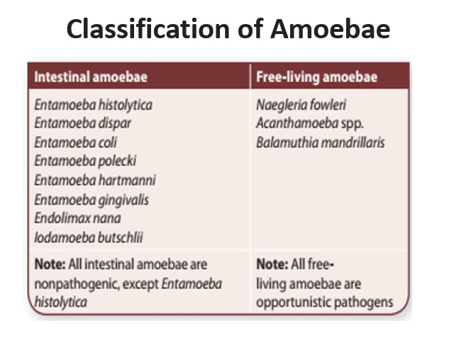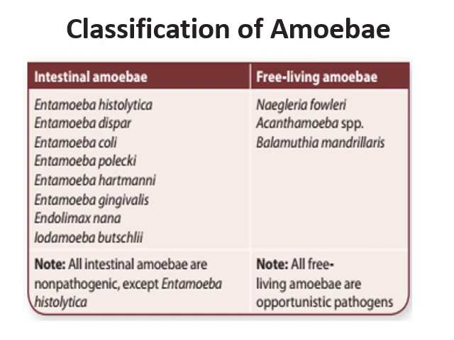If we classify the amoebae, we have intestinal amoebae like Entamoeba histolytica, Entamoeba dispar, Entamoeba coli, Entamoeba polecki, Entamoeba hartmanni, Entamoeba gingivalis, Iodamoeba butschlii. All these are intestinal amoebae. Only Entamoeba histolytica is pathogenic.